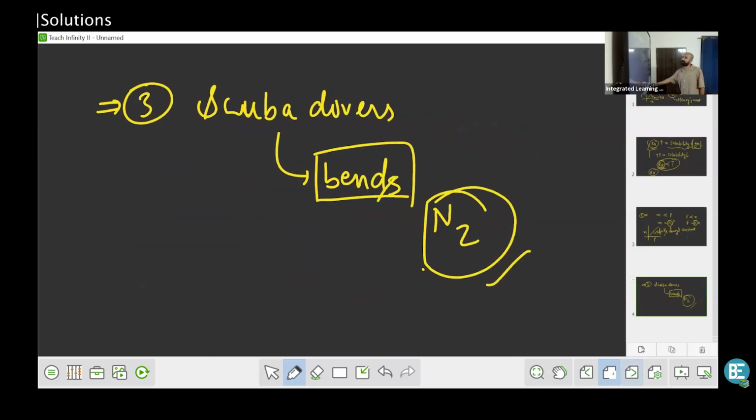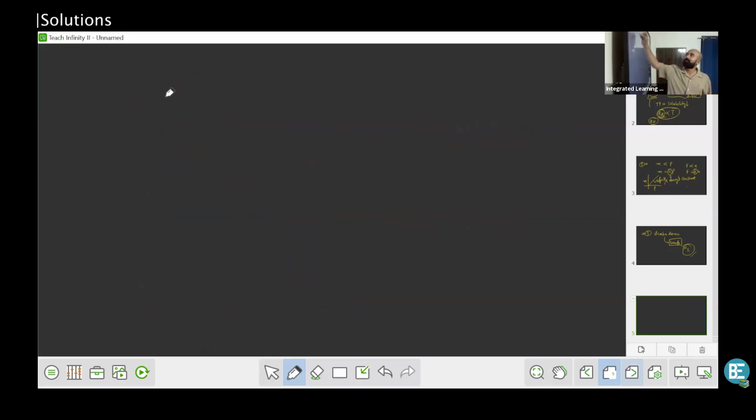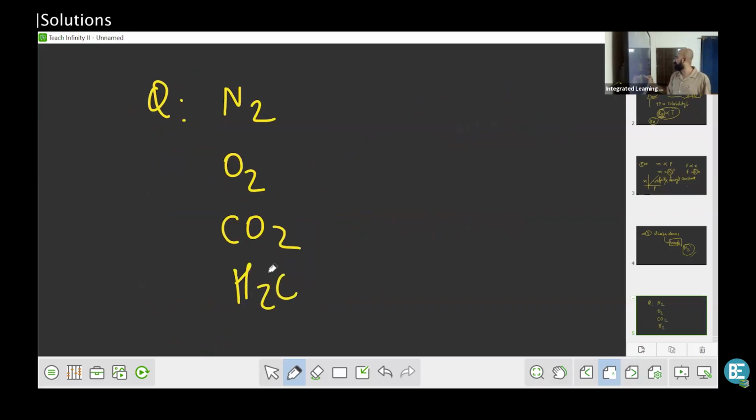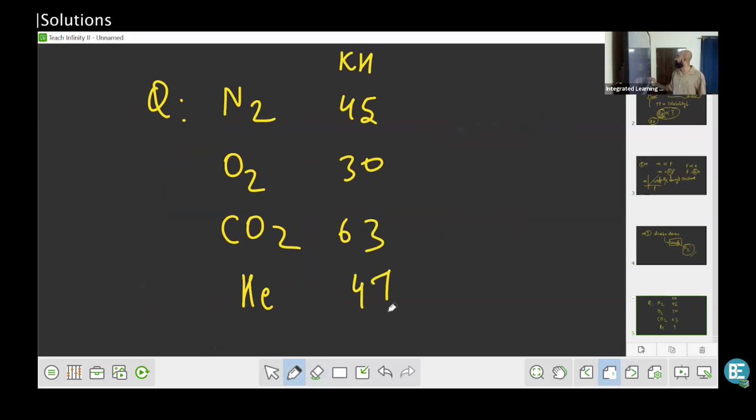Let's do a question. These are the fake values. That means they are not real values. I'm just giving you to make you understand. Helium. The KH value is 45, 30, 63, and 47.